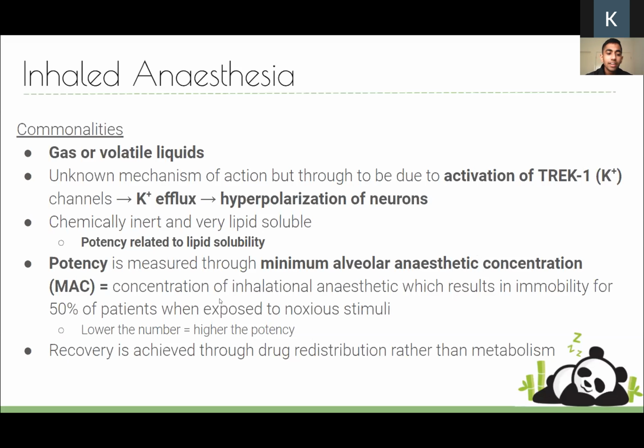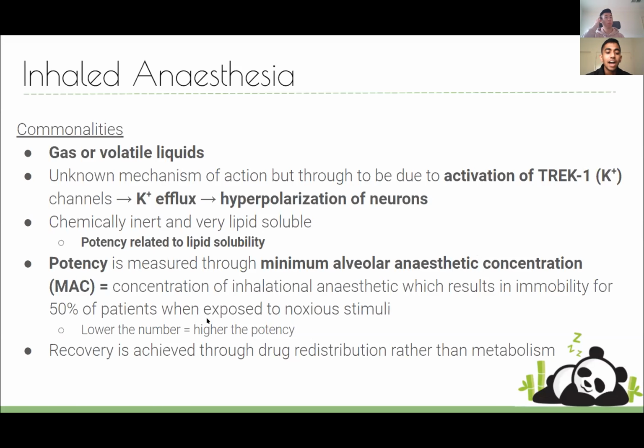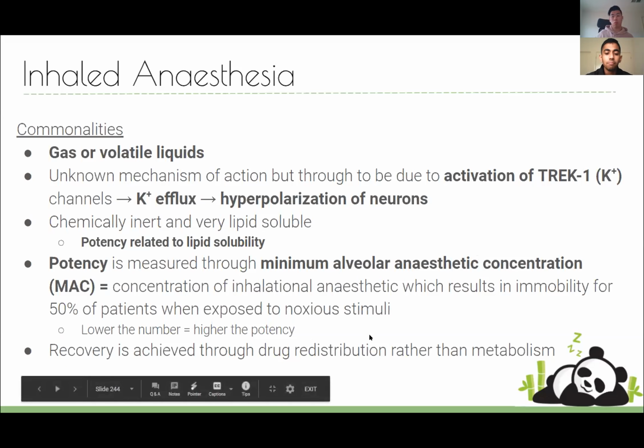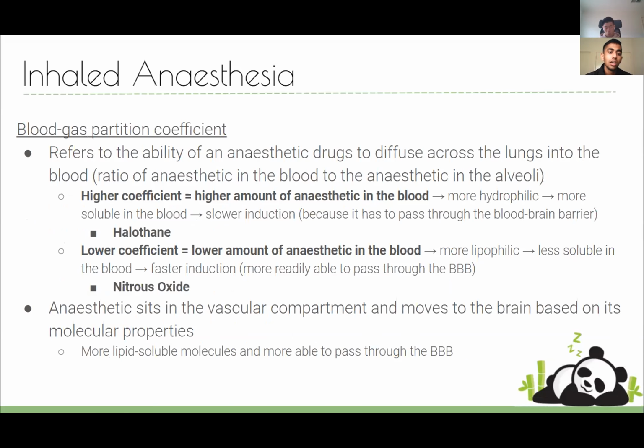So the lower the number of this MAC, so the lower the concentration they need, the higher the potency. And it's important that the recovery is through these drugs being redistributed to certain compartments rather than actual metabolism of these gases or volatile liquids.